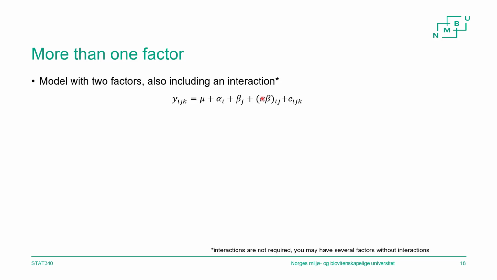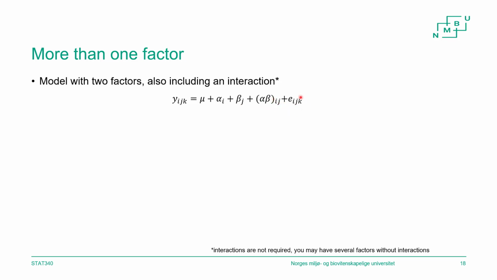But the reason we call it (alpha beta) is that it emphasizes that this factor is just a combination of the two other factors. But think of it as a single symbol. And also notice the indexes are the combination of the indexes over here. So if this has 2 levels and this has 3 levels, then this has 2 times 3 equals 6 levels.